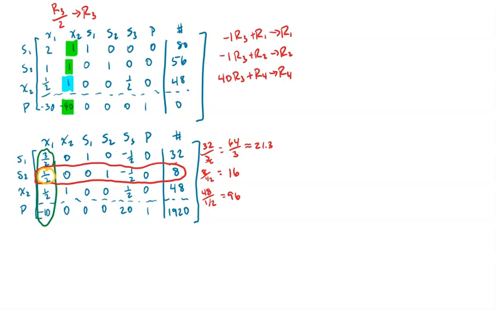So the operation, we can either think about it as dividing it by 1/2, or that's the same as just multiplying it by 2. So if we do 2 times row 2 replaces row 2, that will turn our pivot into a 1. Again, you can also do row 2 divided by 1/2. It's the same exact thing.